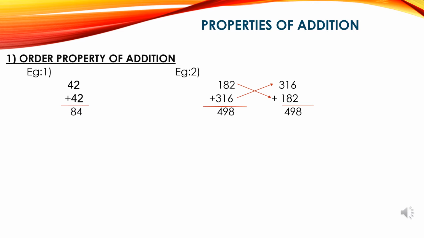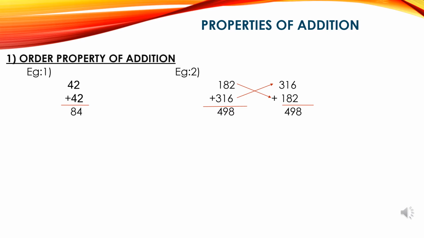Let's start counting from the ones place, that is 2 plus 6. How much is 2 plus 6? 8. Now 8 plus 1 goes to the tens place, that is 9.